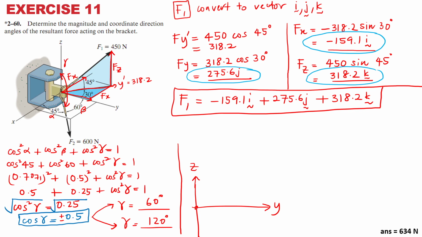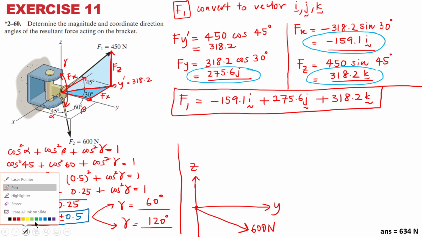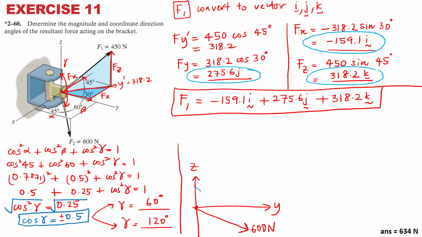The force is actually like that. How much? 600 Newton. So, where are our angles? Our angle is very big. Definitely more than 90 degrees. So you have to choose 120 degrees. There's no other way. Choose this one. 120 degrees.